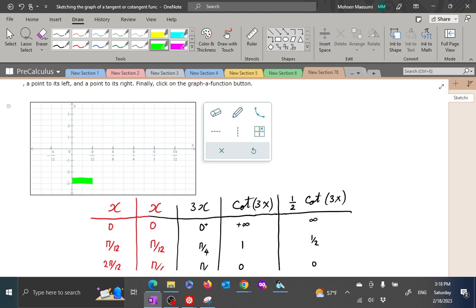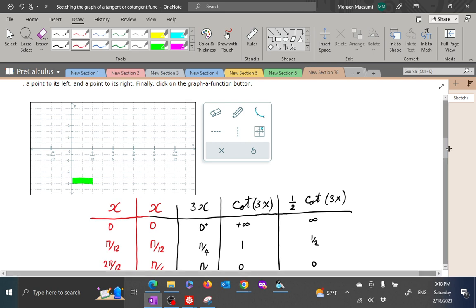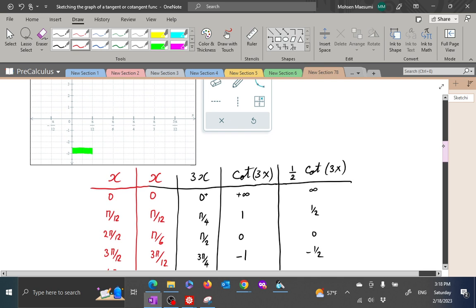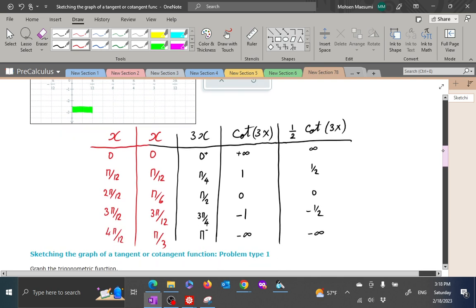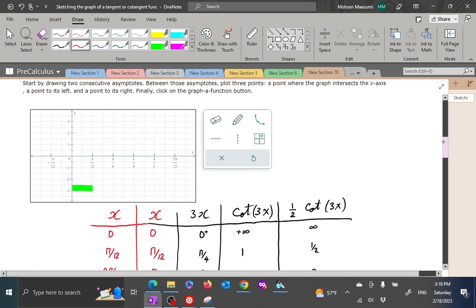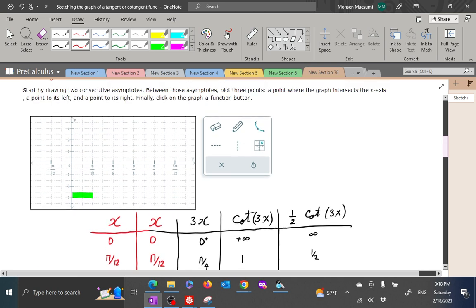Now we are going to draw 2 asymptotes. Where are the asymptotes going to be? Asymptotes are wherever we are going to infinity, at 0 and pi third. So we have an asymptote here, and the other asymptote is pi third.